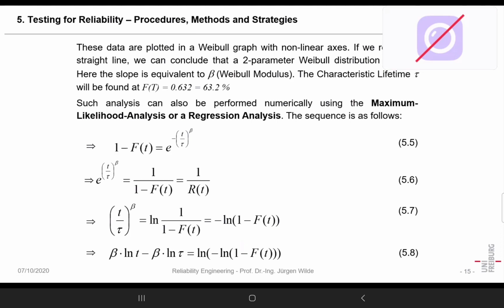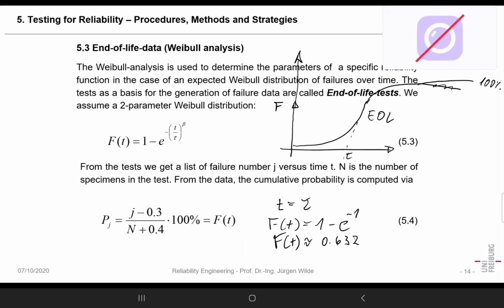How can we make a check? We have an S-curve, and first of all, now we get some data. For instance, we tested 100 devices, and we notice one fail at that time, next fail at that time, and so on. So we have failure times, and we have the index j.